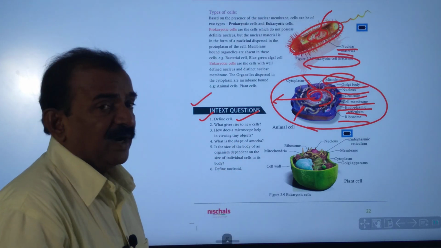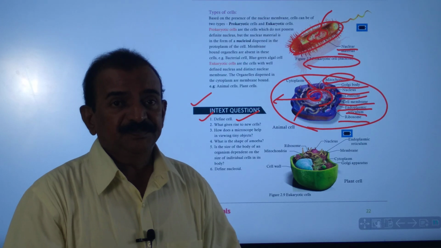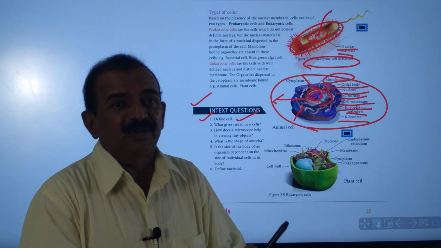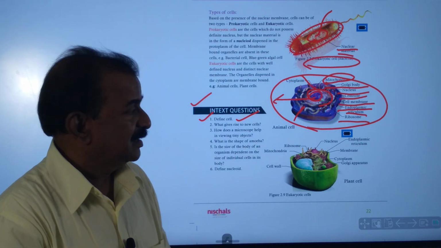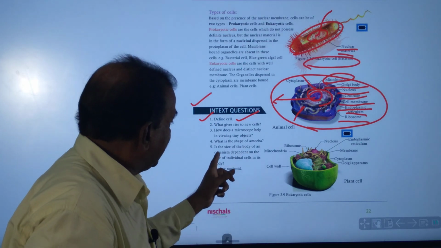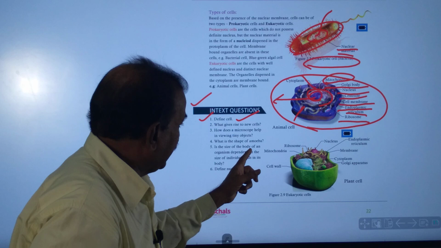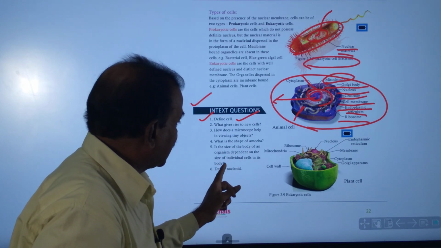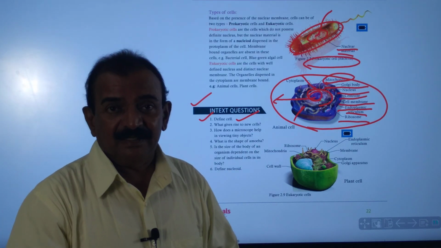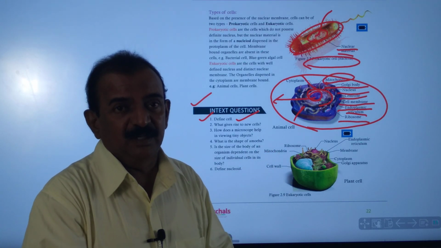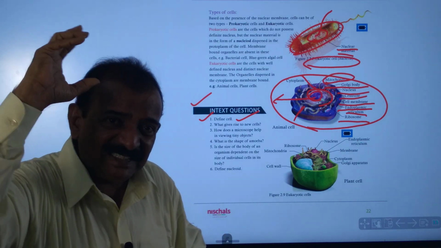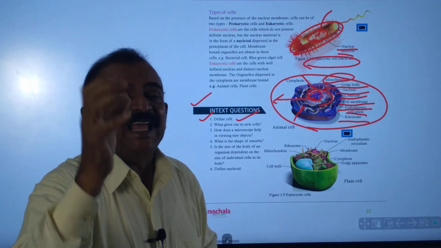What is the shape of amoeba? Amoeba is a protozoan. It does not have a fixed shape, it is irregular, and it changes its shape from time to time by producing extensions of cytoplasm. They form pseudopodia. And does the size of the body of an organism depend on the size of the individual cells in the body? No. A large animal like an elephant, and small animals, these animals have the same type of cells.